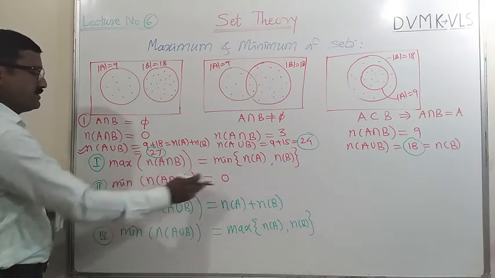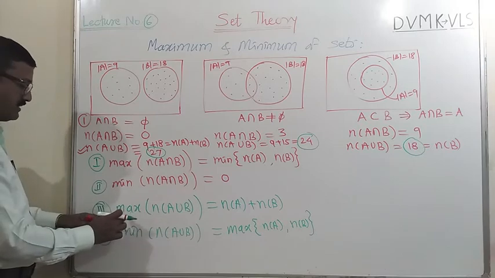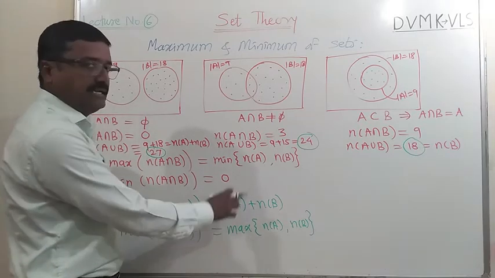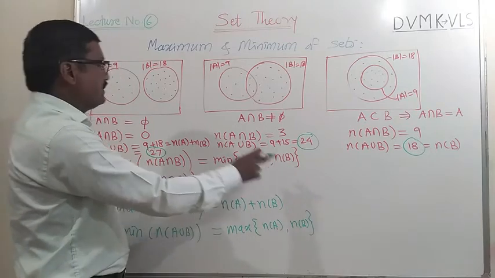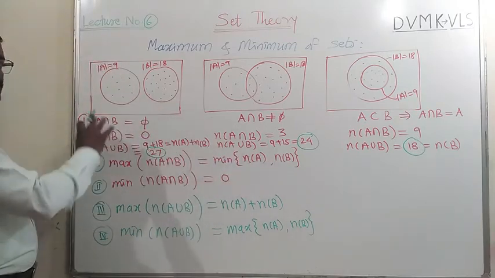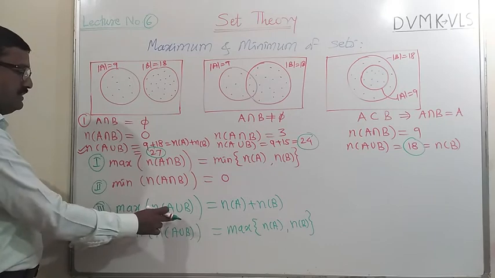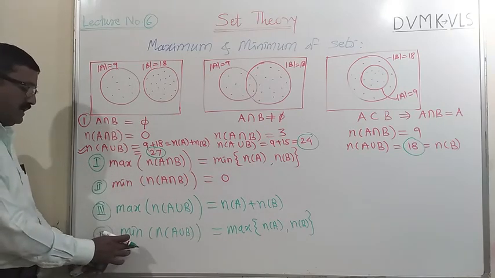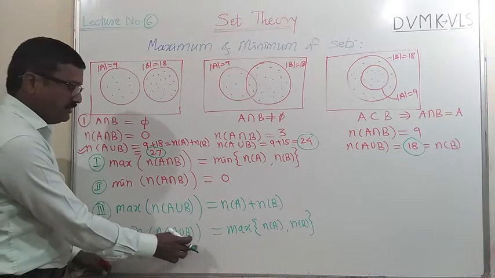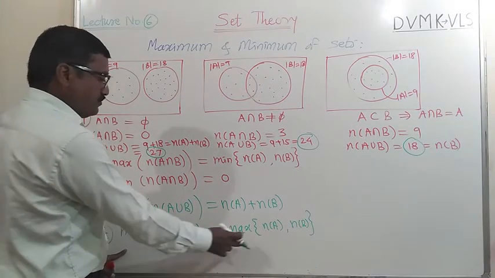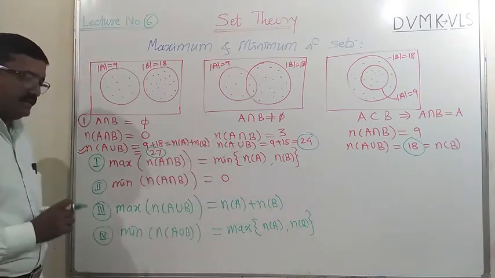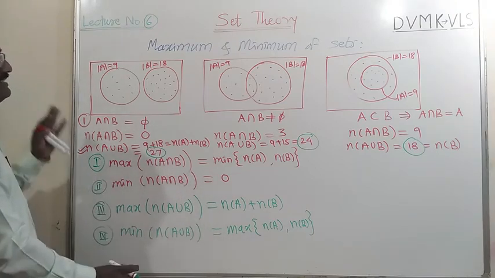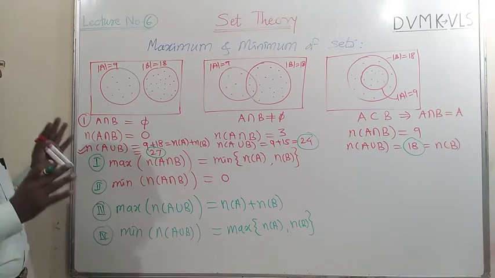Whenever three sets are given, the maximum number of elements in their union is equal to NA plus NB plus NC. That means if three sets are disjoint, then their maximum in union is equal to the addition of their number of elements. And the last, fourth one, the minimum of A union B union C is equal to the maximum of NA, NB or NC.